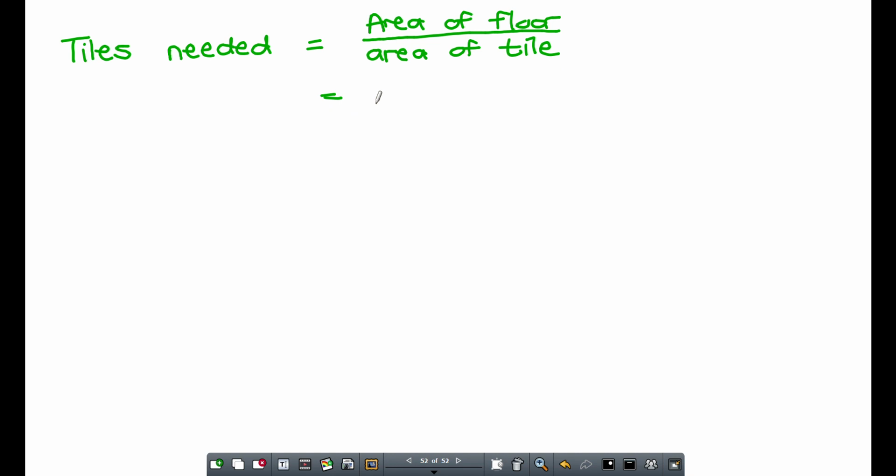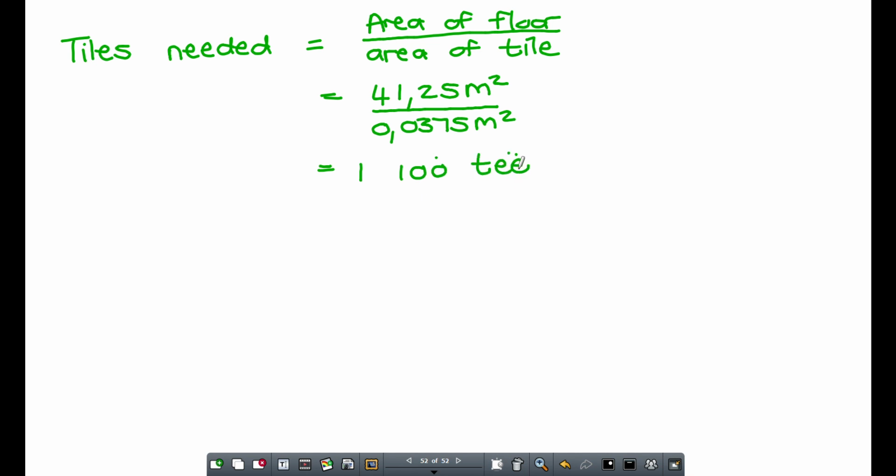Met ander woorde, 41.25 vierkante meter. Divide that with the area of the tile, which was 0.0375 square meters. En dit gee dan vir my 1100 teels. Okay, so that's how many tiles we need.